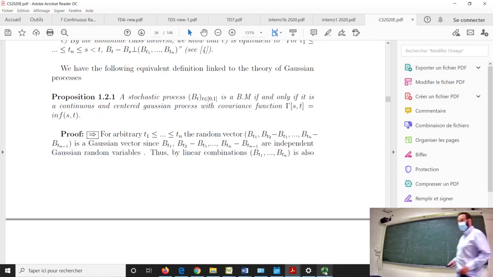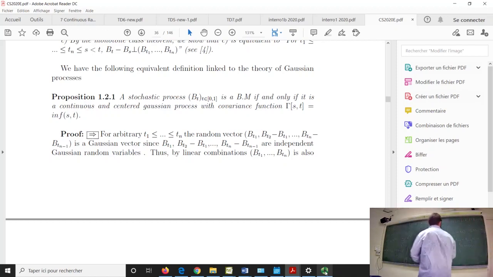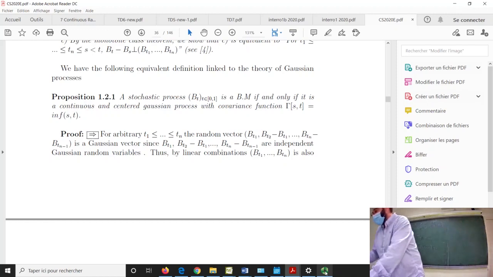I continue with this notation here, in order to explain to you this one that is also a notation. So I have this definition of my Brownian motion.